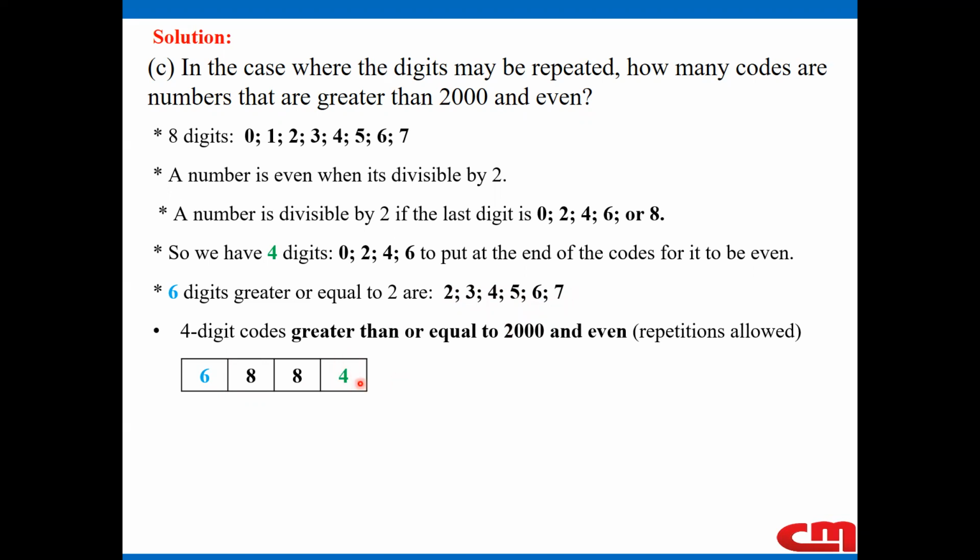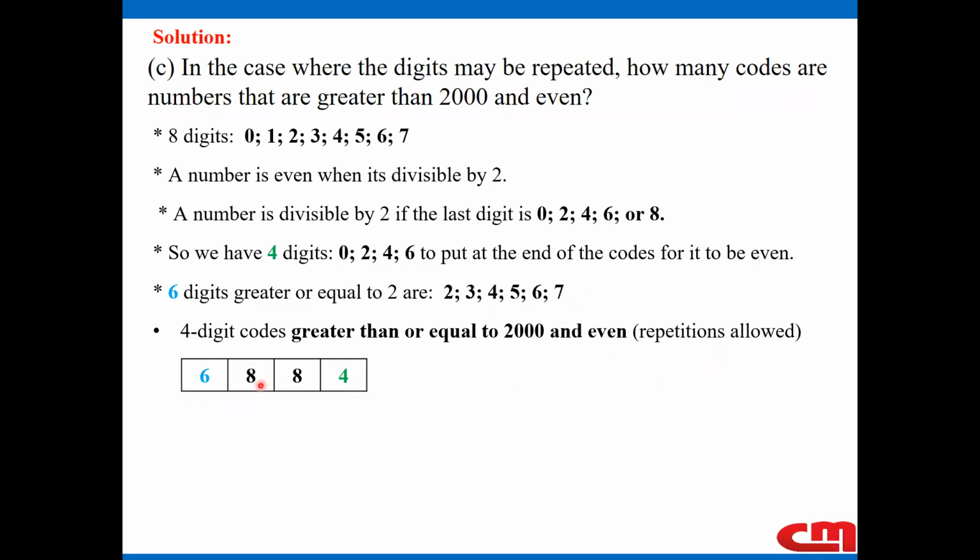Then at the end, for the code to be even, I have 4 choices. It could be 0, 2, or 4, or 6. So I've filled the first and last, but I cannot remove them for reasons that repetitions are allowed.